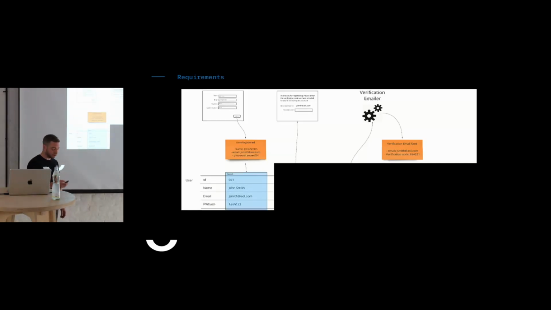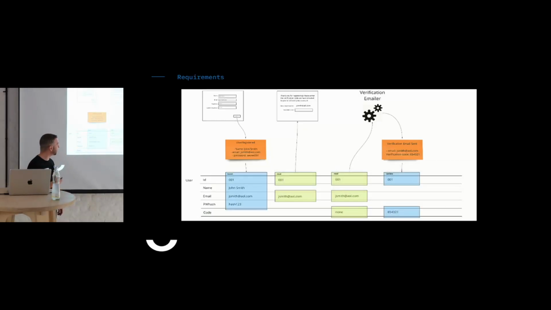Because of our new requirement, we also have to introduce a new column, which is called code, because we need to send the verification code to our client. So it's a very simplistic example of how we have to extend our tables.